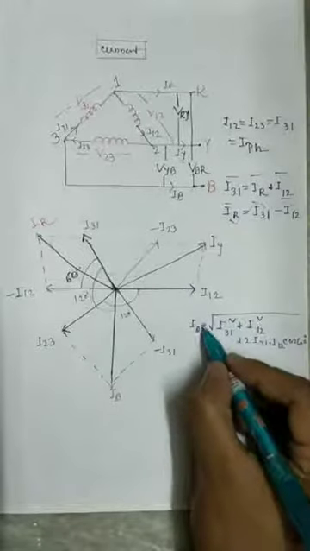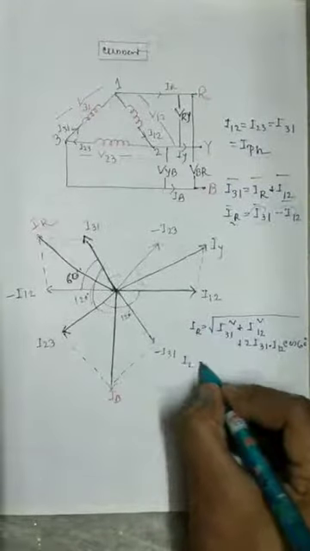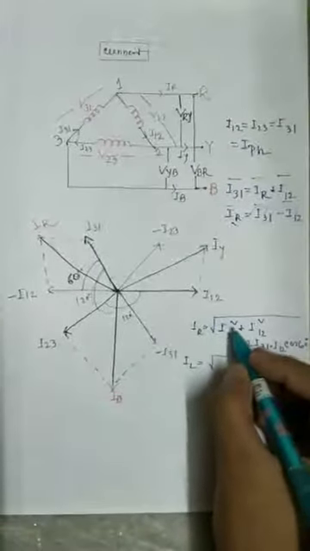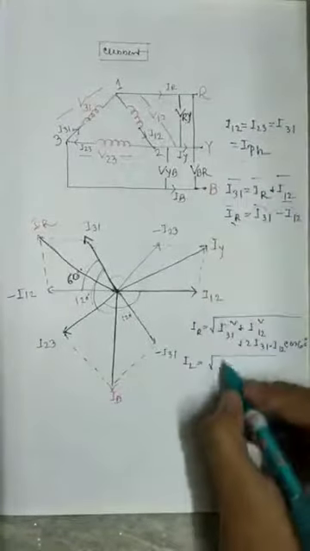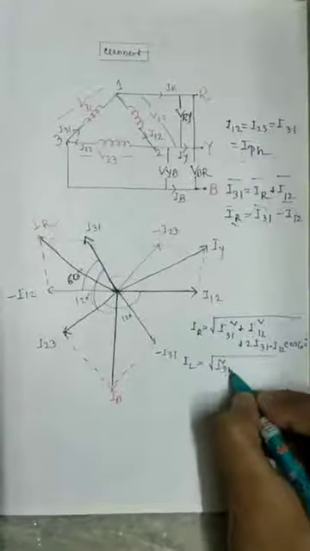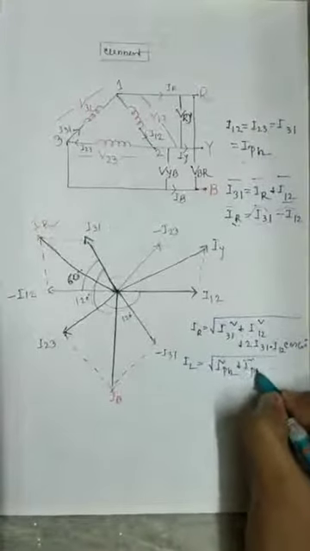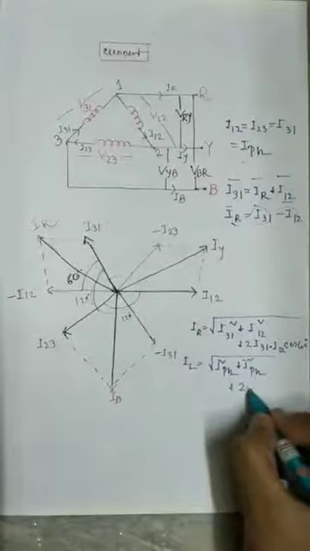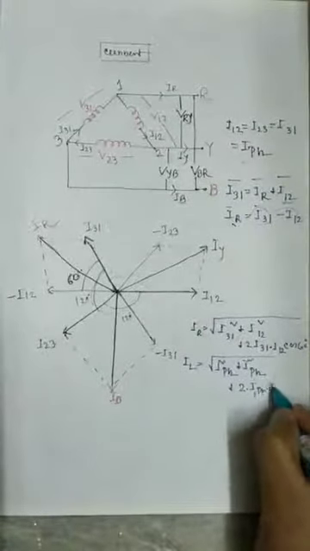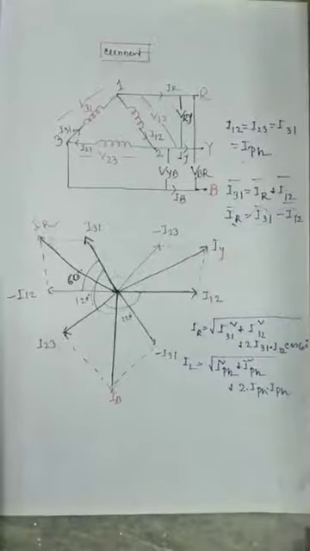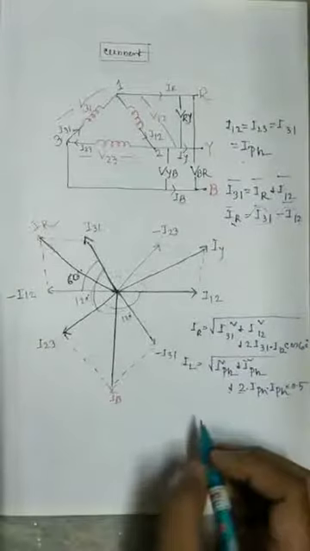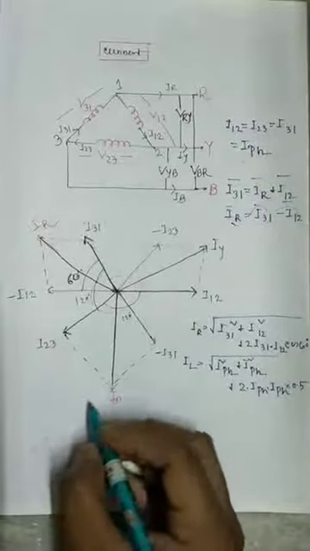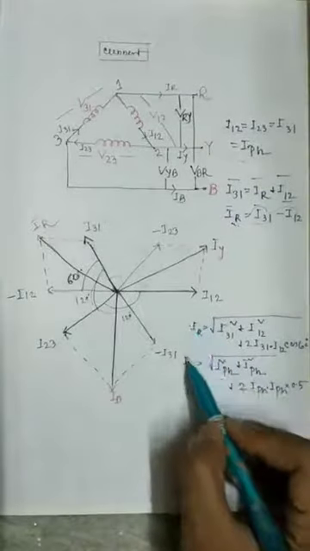Here IR equals the line current, so we can write IL. I31 and I12 are phase currents. So I square phase plus I square phase plus 2 into I phase into I phase into cos 60, and the value of cos 60 is 0.5. So from here IR equals IL.